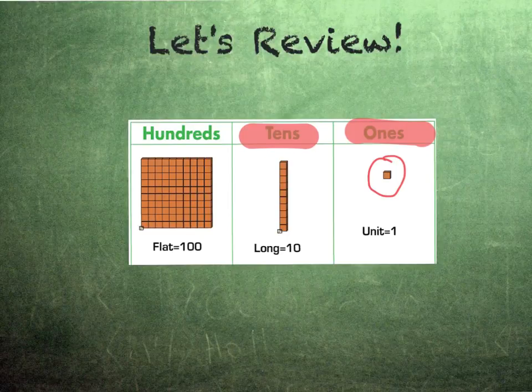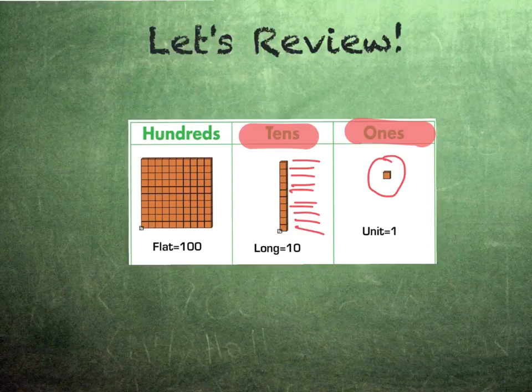So let's count. We have 1, 2, 3, 4, 5, 6, 7, 8, 9, 10. So we have 10 units in our long. So 10 little blocks equals 1 in the tens place, and so on.